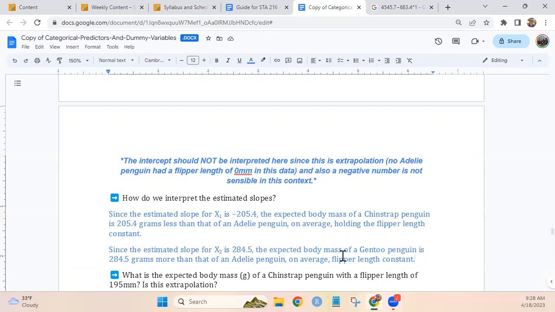So if you want to compare across species, you need to first find penguins within each species that have the same flipper lengths to isolate the difference of species, right? So this effect is after accounting for flipper length. Yeah, always important to specify that it's conditioned on the other predictor variables.